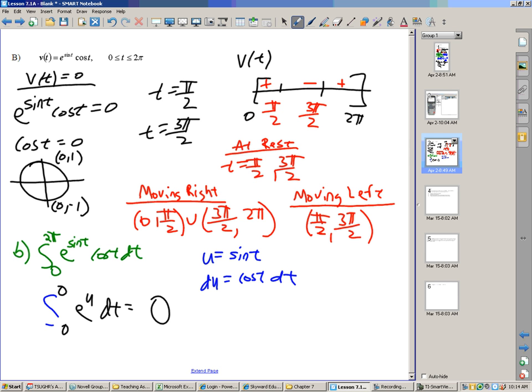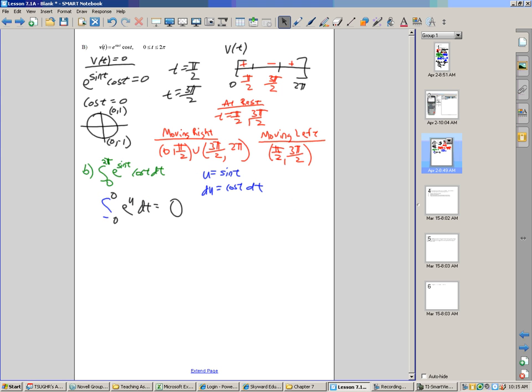The key is to break it up. The next part is going to look like this. For part C, again, you would have to break it up into 3 separate definite integrals if you were to do this analytically. You would say, I'm going to go from 0 to pi over 2 of this function.